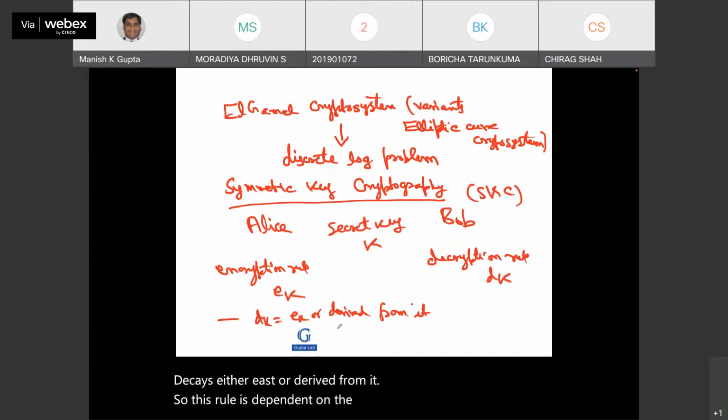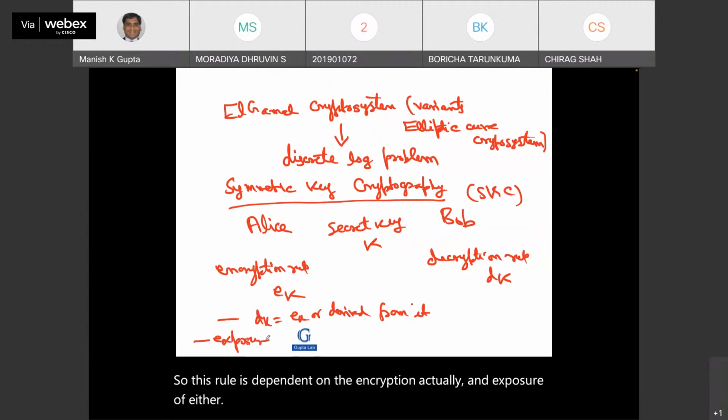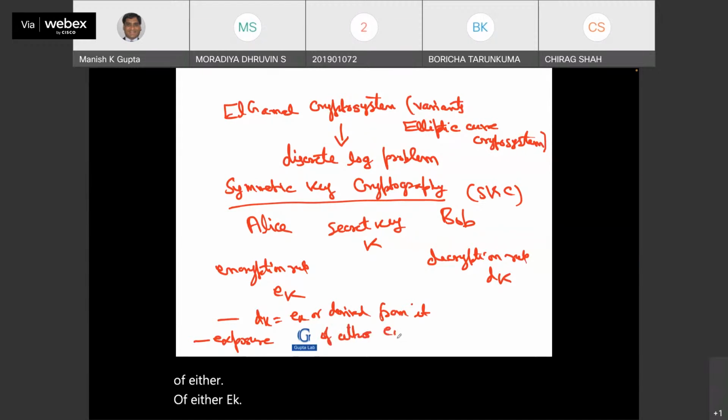Exposure of either EK or DK will make the system insecure, because we are dependent on these keys.